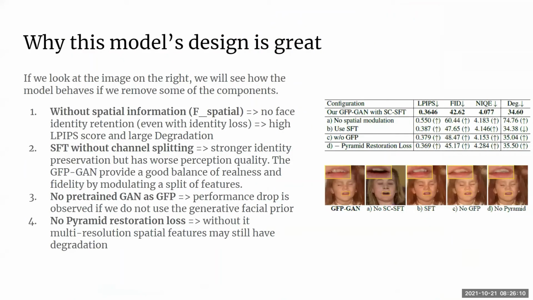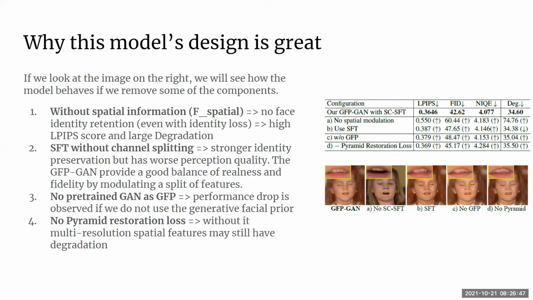So yes, at the very beginning, I tried to put a big accent on the fact that the model was carefully designed, and that is exactly what is going on over here. The model has a lot of components, and the researchers were trying to show how it looks when you remove some of them. Overall, we can see that the error rate is increasing drastically, except for the case where we're using SFT without the channel split.